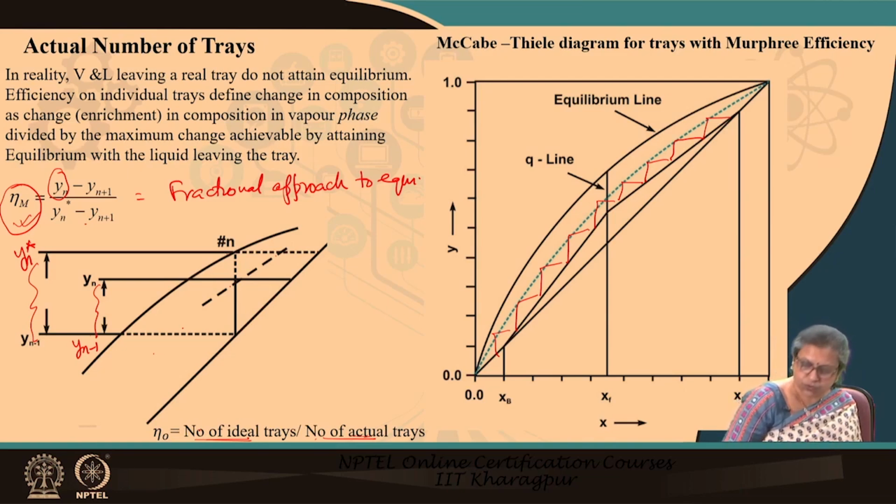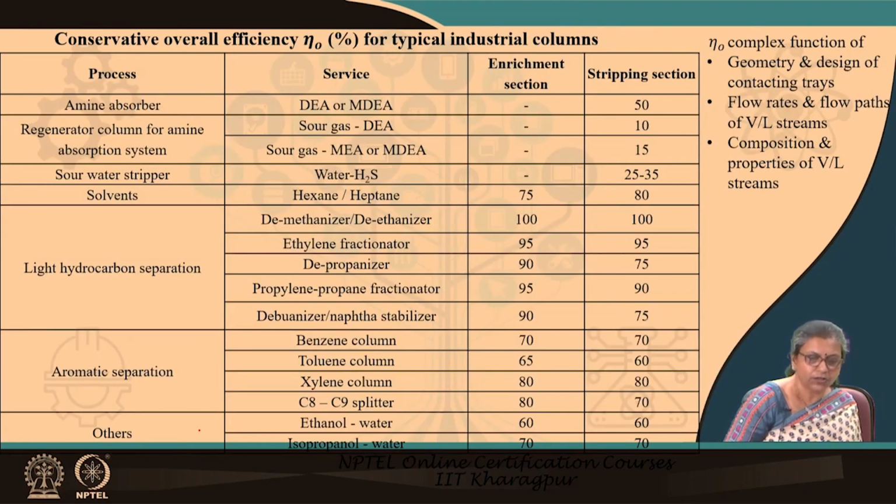Mostly we use this overall tray efficiency in finding out the actual number of stages or the actual number of trays. Normally, we find that this overall efficiency is a complex function of the geometry, design of contacting trays, then the flow rates and the flow paths, composition and properties of the vapor liquid streams, etc.